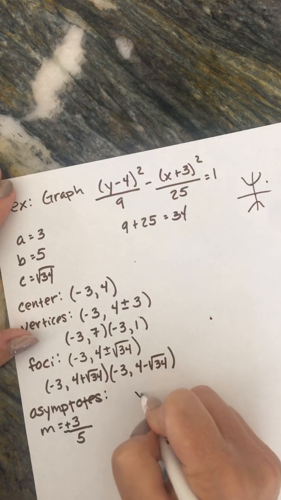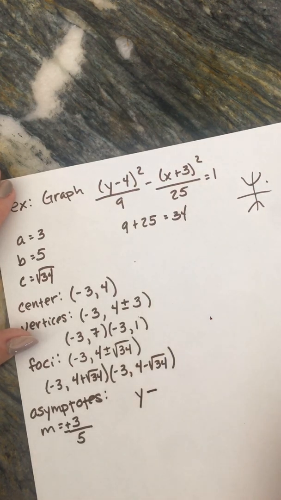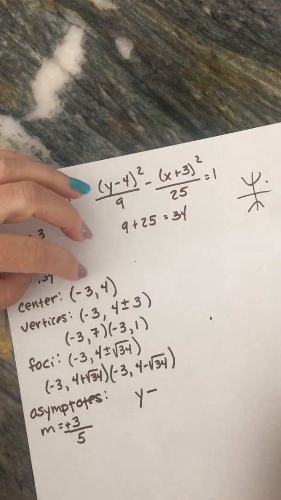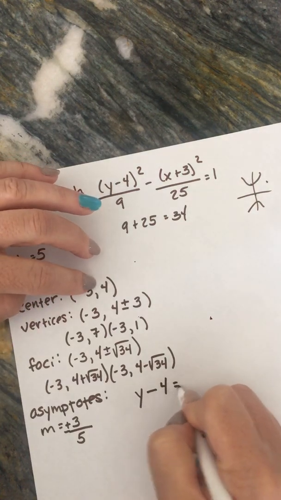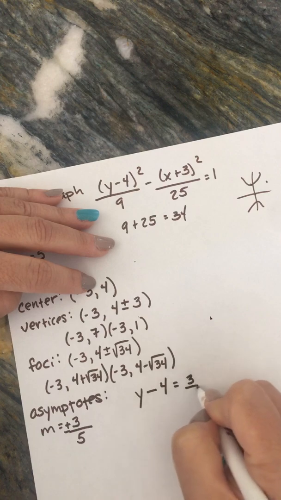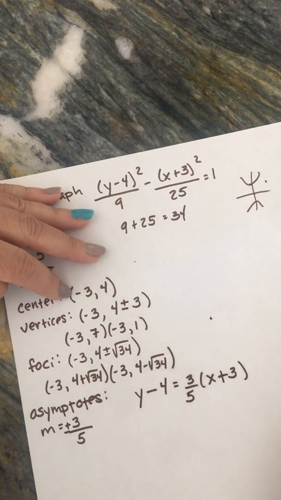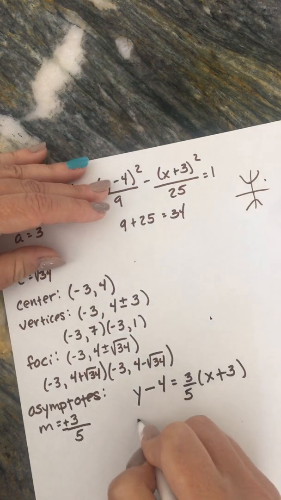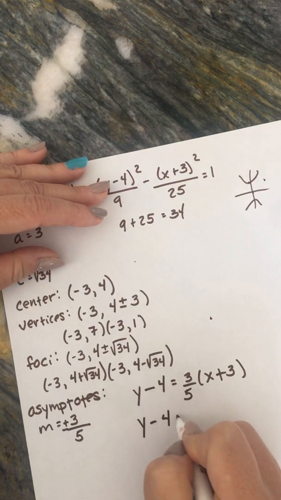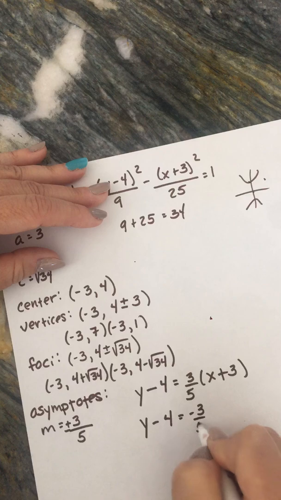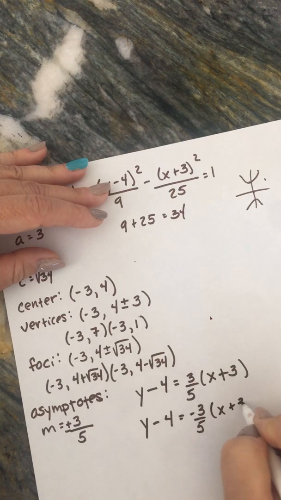Let's do positive slope first. y minus y1, in this case 4, equals m, we'll use positive 3/5, times x minus x1. And the other one will be y minus 4 equals negative 3/5 times x plus 3.